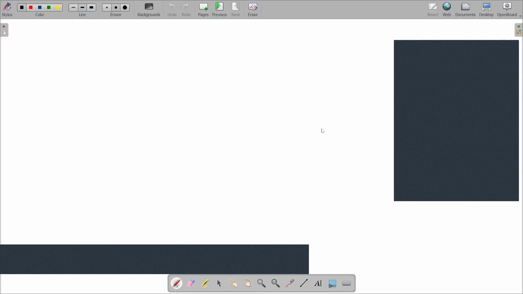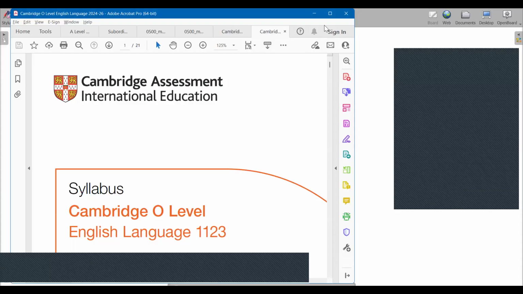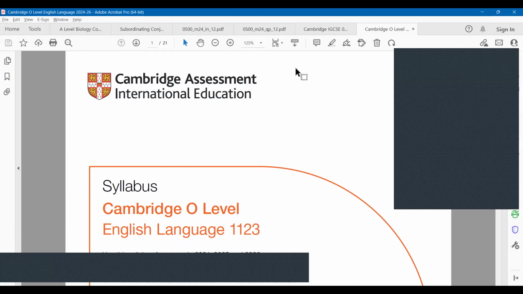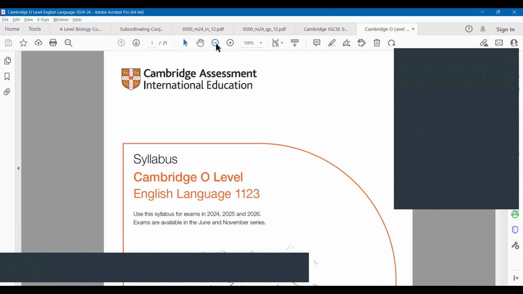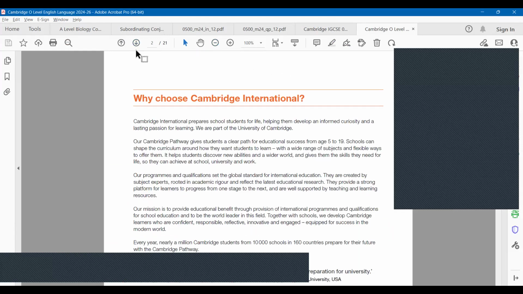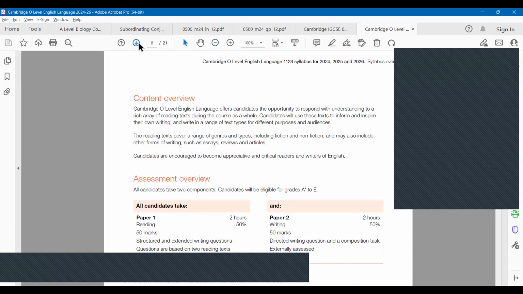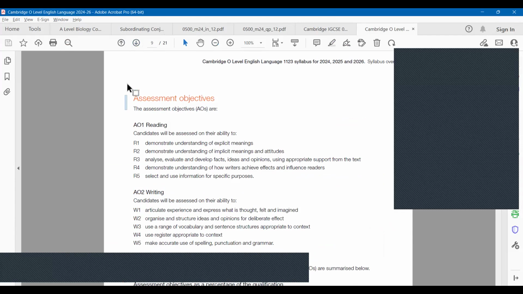Can you see the PDF on your screen? So this is the syllabus. You can get this from the Cambridge website. You can just search for English 1123 syllabus, and you'll be able to get it.